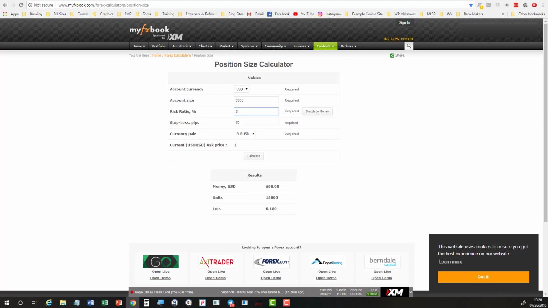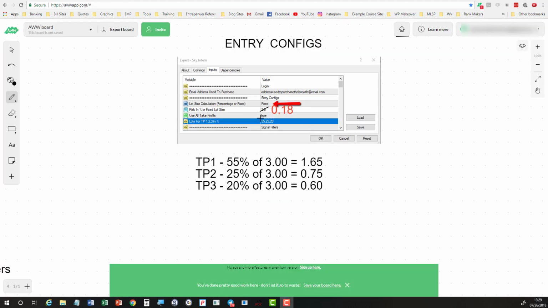Right? So if you want to use 0.18 on every single trade, then what you're going to do is in the settings section, you're going to change the fixed lot size to 0.18. So that way, every single trade, you're using the same lot size. Now, it's still going to break that lot size down to these numbers, right? These percentages, right?